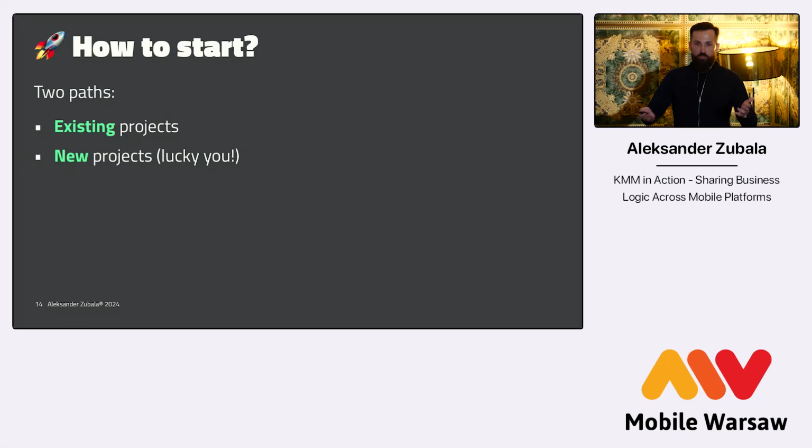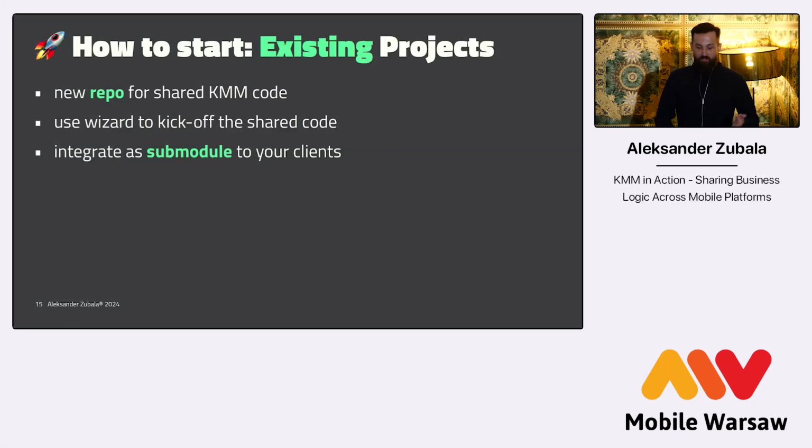So how to start? If you say, okay, I want to try this in my project, there are two paths. One is for existing projects, and one is for when you are starting today, let's say. So you're lucky. Let's cover the more realistic case when you already have a project.